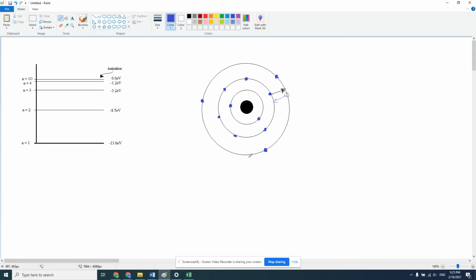So we used electrical energy to raise the electron to a higher level, and then the electron will naturally want to fall back down into the lower energy state. Lower energy state tends to be more stable. There's more stability there. That's why the electrons move down.